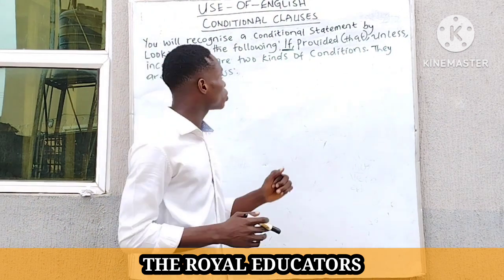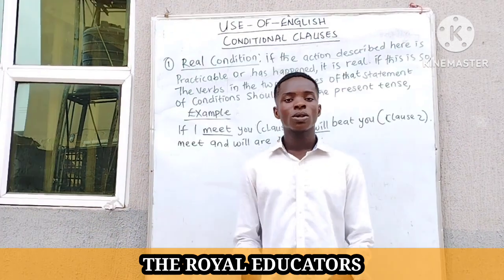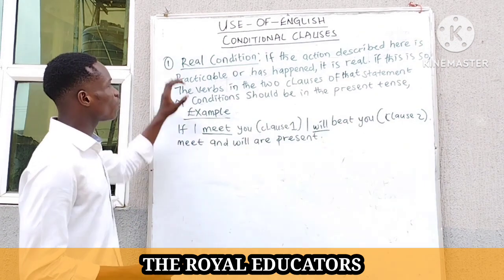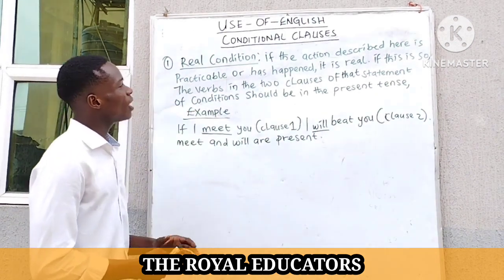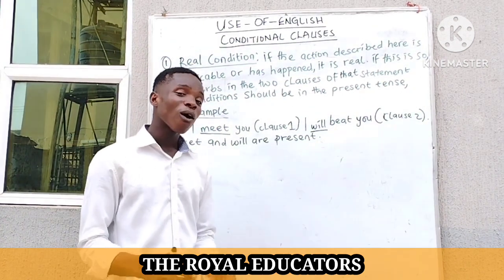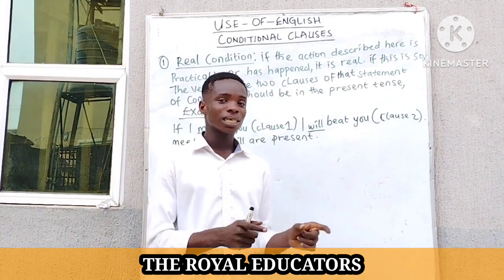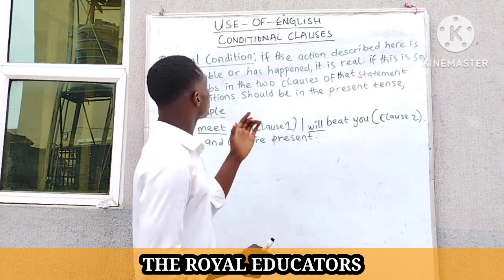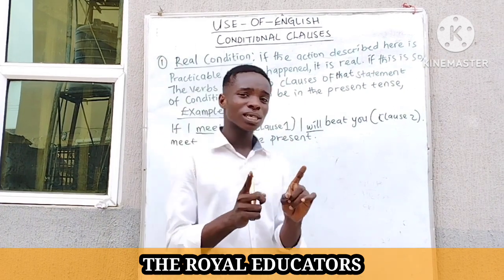Okay, and now there are two kinds of conditions, and they are as follows. Number one kind of conditional clause is the real condition. If the action described is practicable, or has happened, or can happen, or is likely to happen, then that condition is real. If this is so, the verb in the two clauses of that statement should be in the present tense.